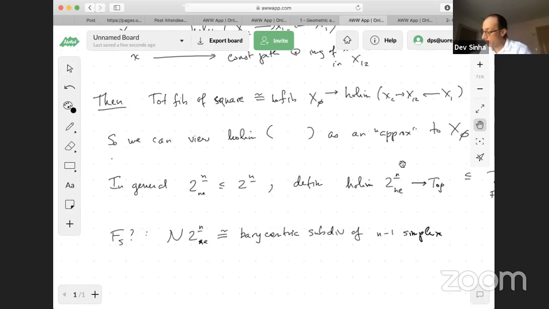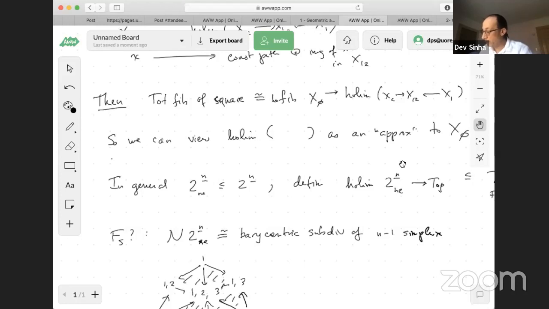So if I've got the non-trivial subsets of 1, 2, 3, namely I can have 1 or 2 or 3, or 1,2, or 2,3, or 1,3. And I draw in all the inclusions and the composites of inclusions, which themselves are inclusions, and I fill things in.